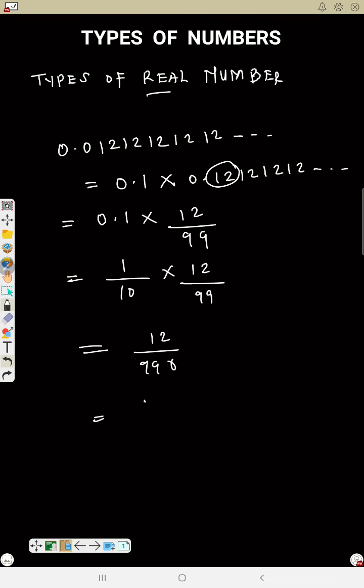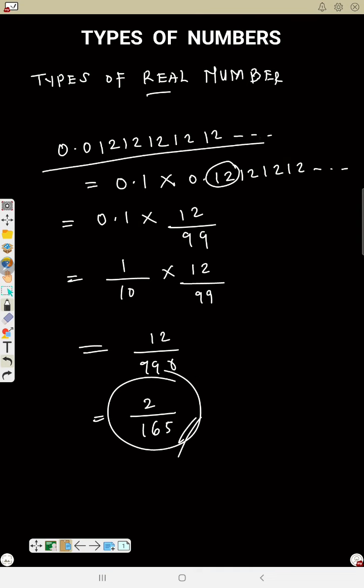We can reduce it more: 2 divided by 165. So 2 divided by 165 will give you 0.012, like that.